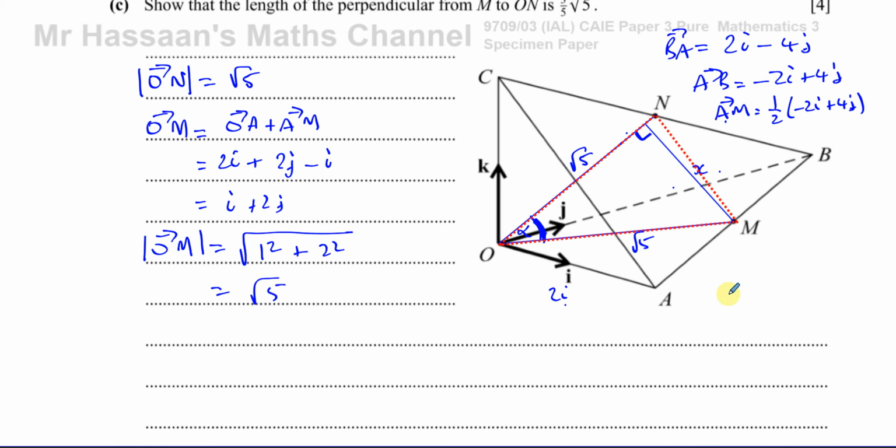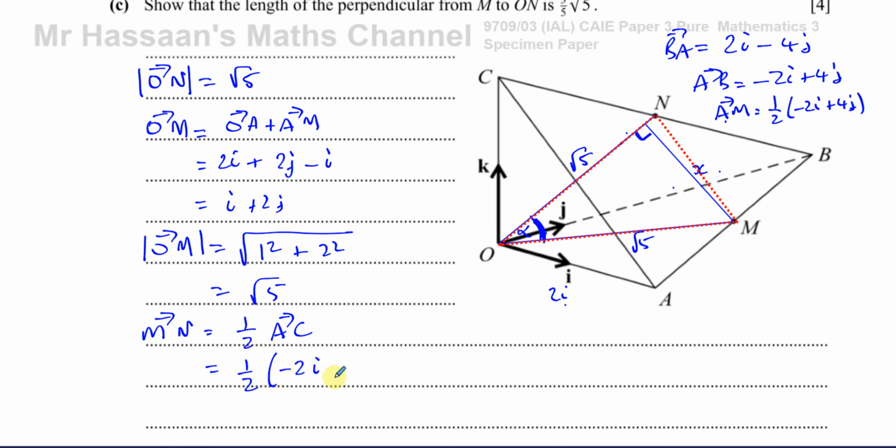And we can find what M to N is. As I said, M to N is a half of A to C. We can even find it directly. We can say it's like M to B plus B to N, for example, but I think this is probably easier. A to C is minus 2i plus 2k.